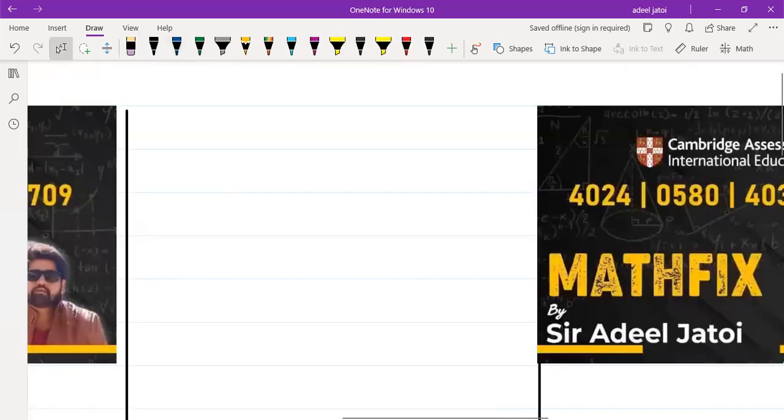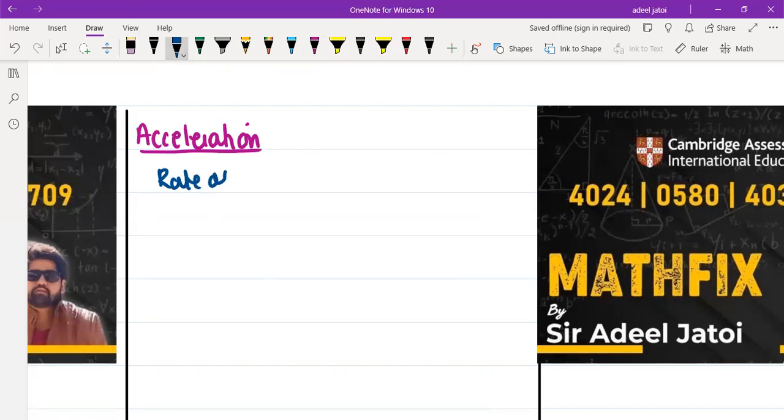There's another thing that is called acceleration. So acceleration is the rate of change of velocity.